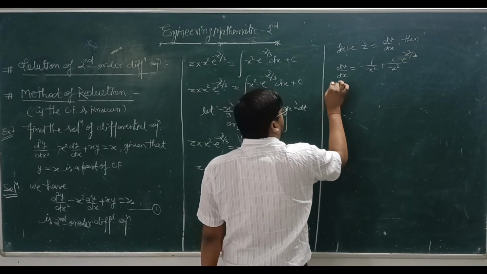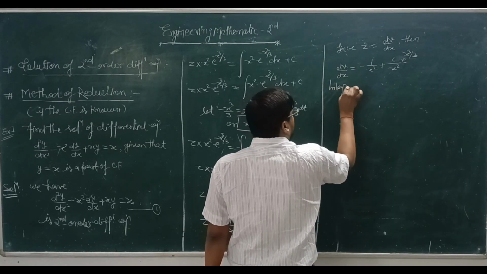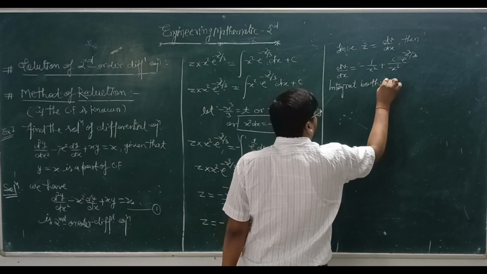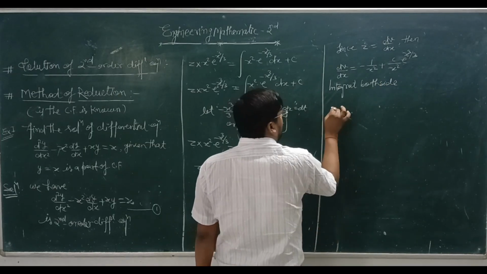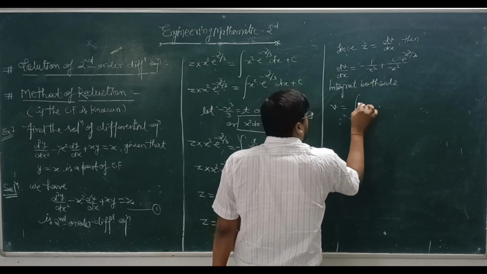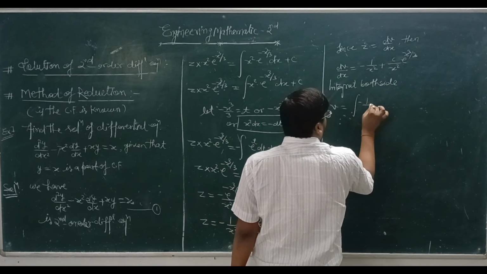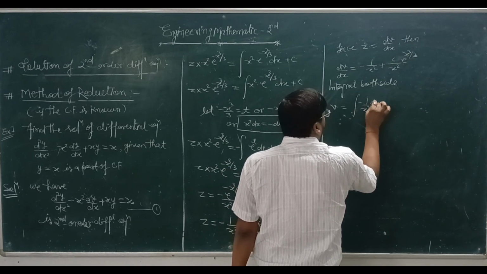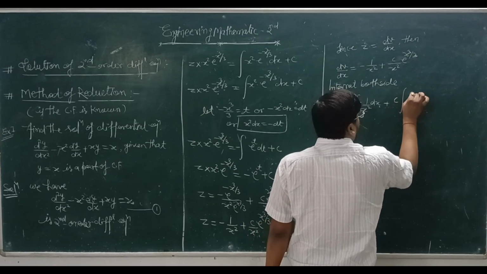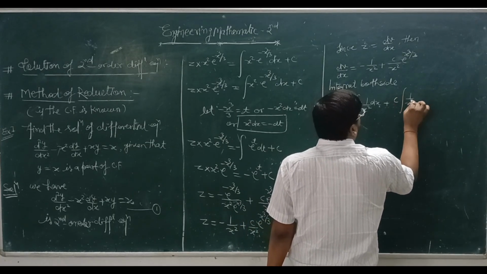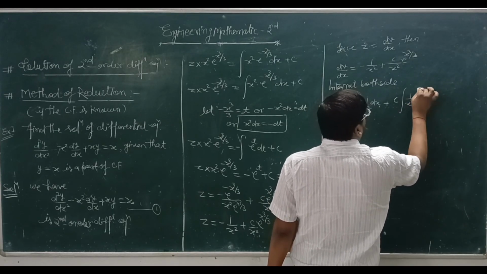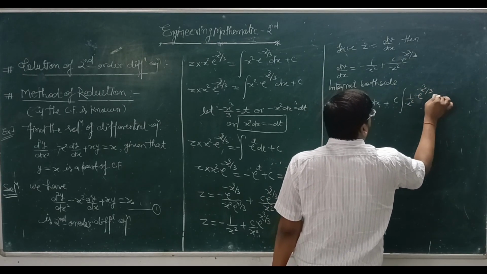Now integrate both sides. Now you can write v is equal to integration of minus 1 upon x square dx plus c integration of 1 upon x square e to the power x cubed upon 3 plus c1.